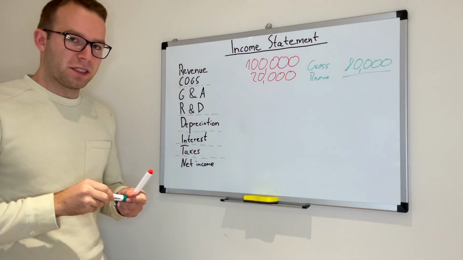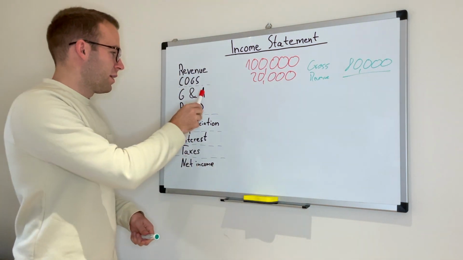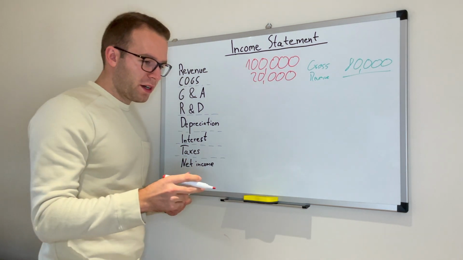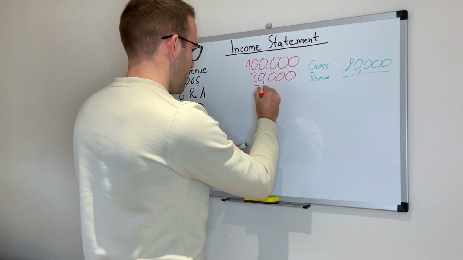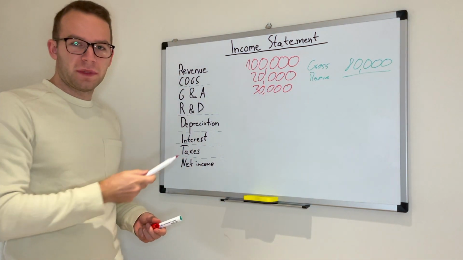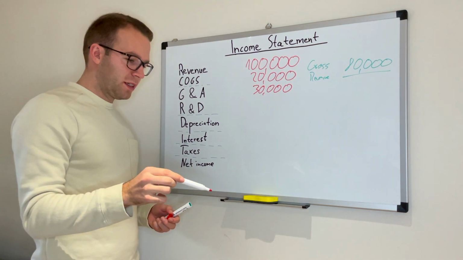That's our gross profit. Our general and administrative expenses were 30,000. And our research and development expenses were 10,000.